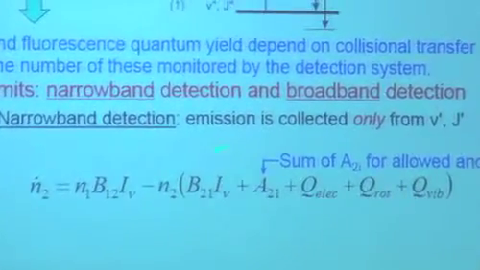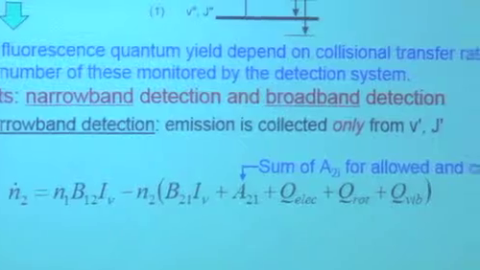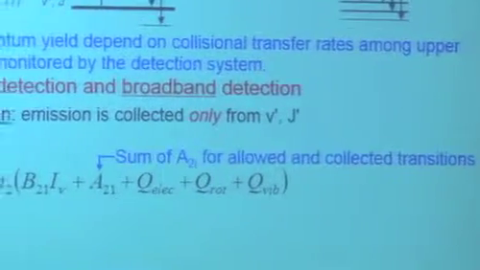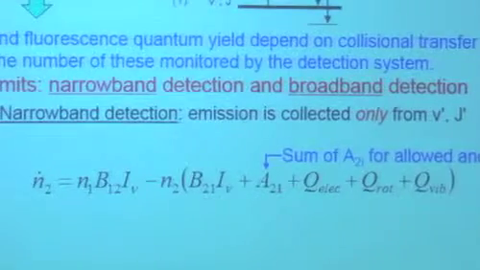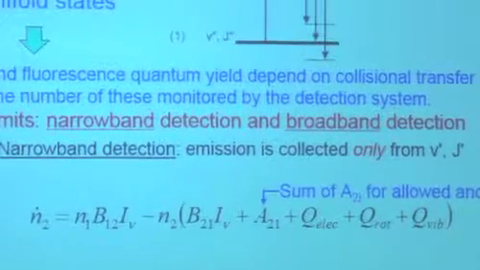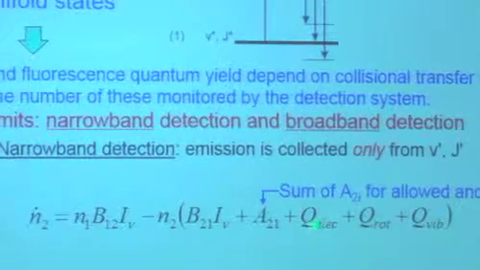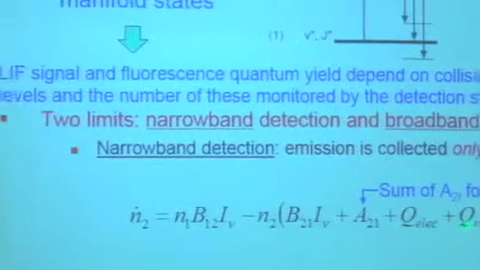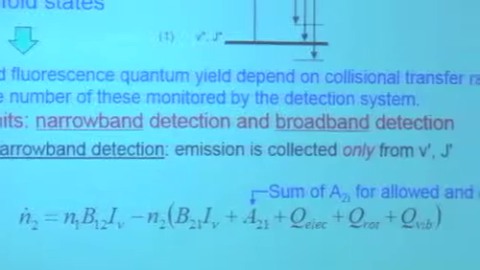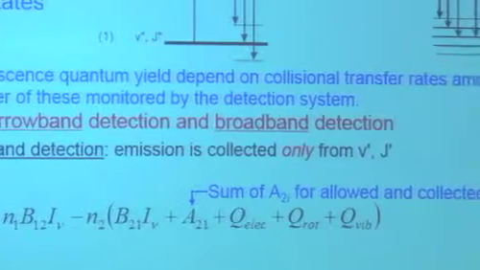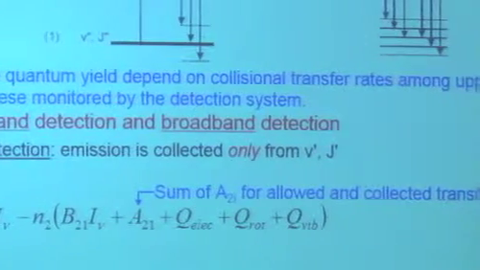Now I have to write my equation for removal. You have to write the rate equation for removal from the collection bandwidth. A few words, very subtle, very important. All of a sudden now, it's not just Q electronic. It's also Q rotation. It's also Q vibration.